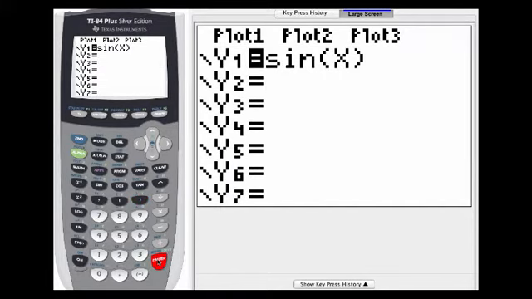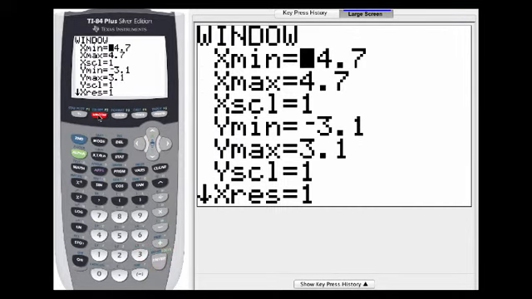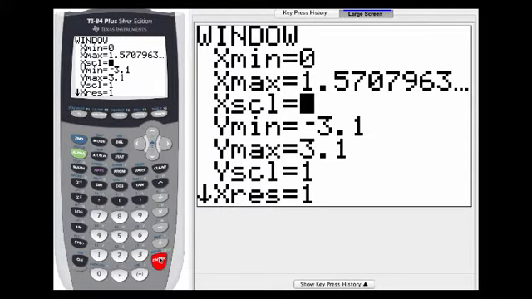So we'll just go ahead and graph y equals sine of x. Like I said, I do have a nice window since we're just trying to find the area from 0 to pi over 2. So we'll just go ahead and use that as our x's under our window. So let's do 0 to pi over 2. For our interval, let's do like pi over 8 for our scale.